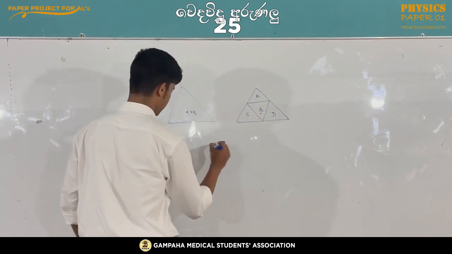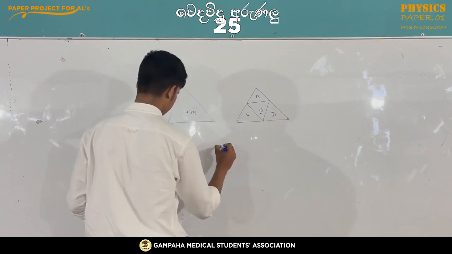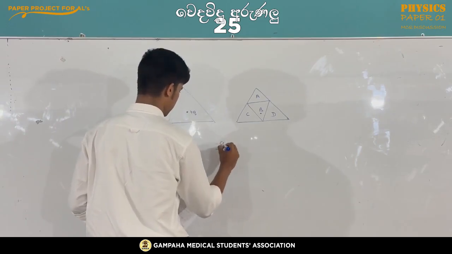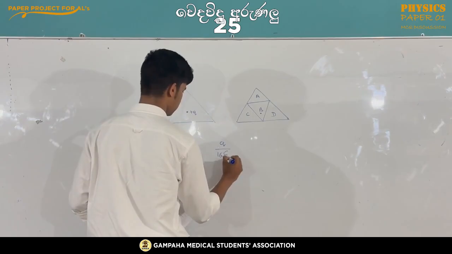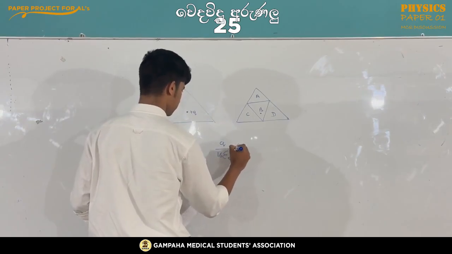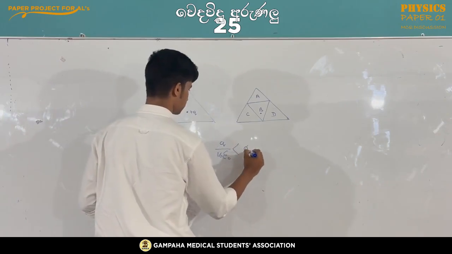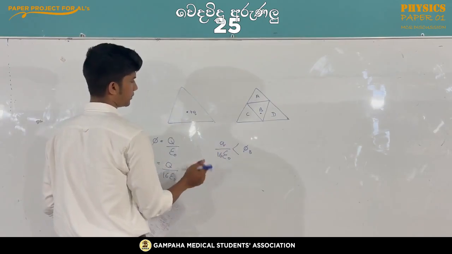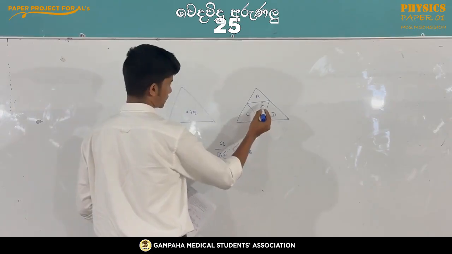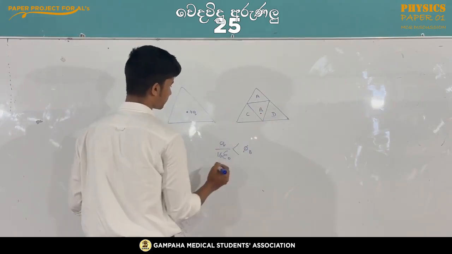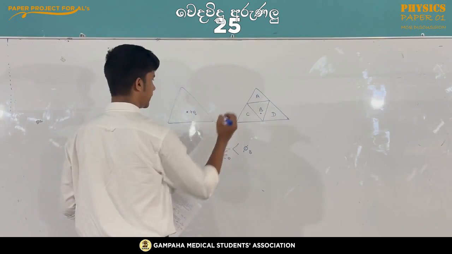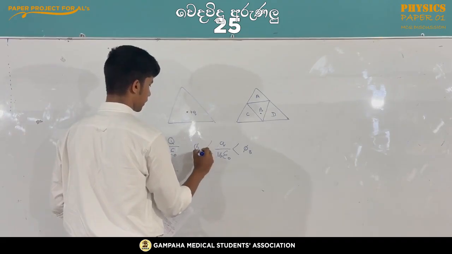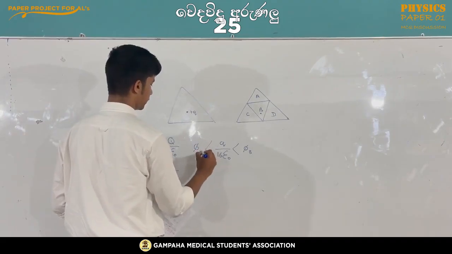Then the flux through triangle B is greater than Q over 16 epsilon naught, since there's a higher flux that's passing through triangle B. And the flux through triangle A is lower than Q over 16 epsilon naught.